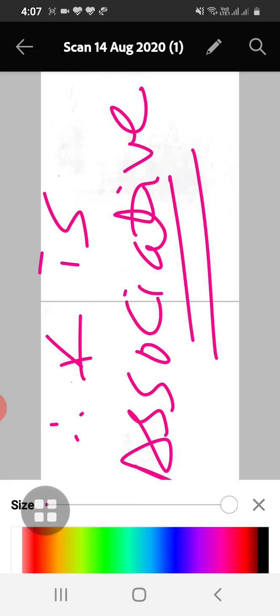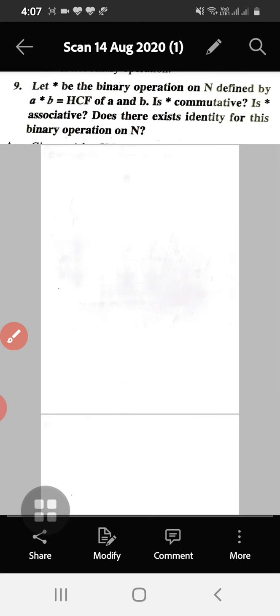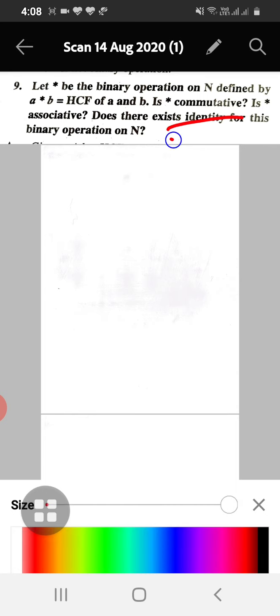You have to listen to this carefully. In the problem itself they have asked: does there exist an identity element for the operation on the set of natural numbers?